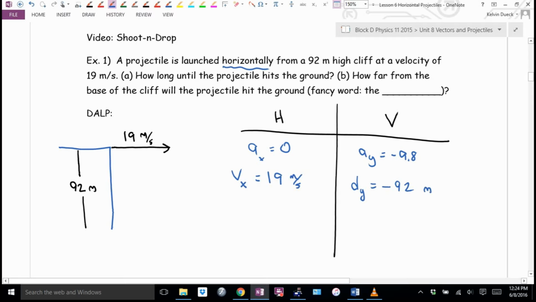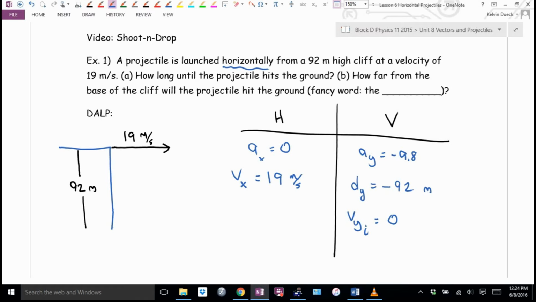I know one more thing in the vertical column. Do you remember what I said? Vy initial is what? Adam, what did you say part A was asking me to find? Time. How many pieces of information in the horizontal column?